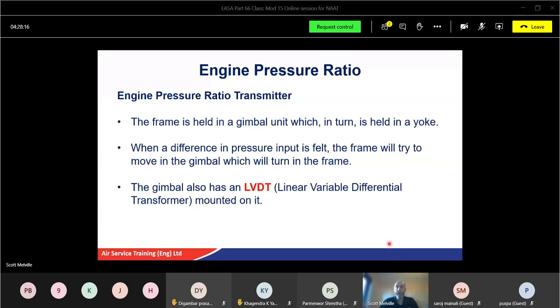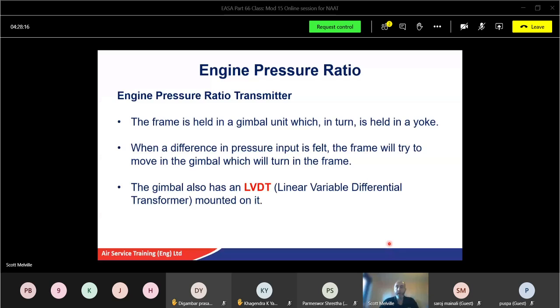Compressor variable geometry. So your VSVs, your variable IGVs, especially the VSVs, would give feedback through the LVDT sensor back to the FADEC. So again, we're using the same component, but this time for the pressure ratio transmitter, which gives feedback to the system.